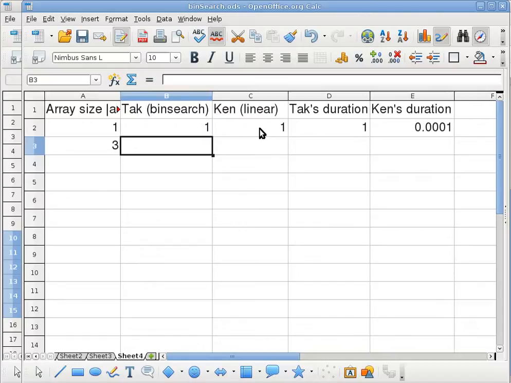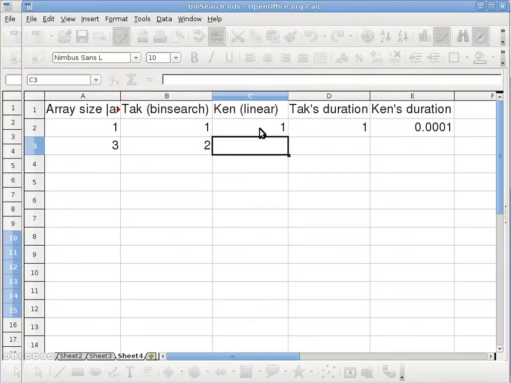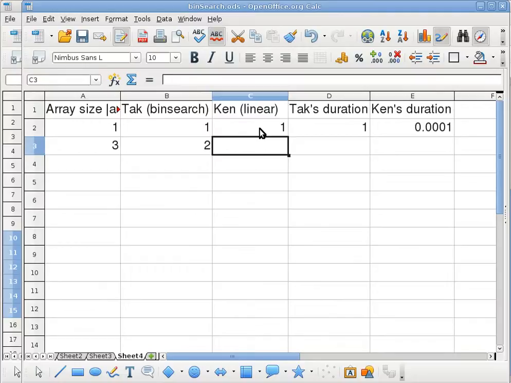One comparison, I throw away 2, and I will have 1 left. So the second comparison will throw away the only remaining element. So I only need 2 to confirm that an element is not in the array. Can's program will need 3 comparisons, because if the number that we are looking for is larger than the last element in the array, then Can's program, being a linear search algorithm, will have to scan through the entire array to confirm that.